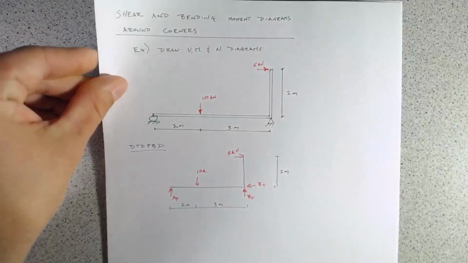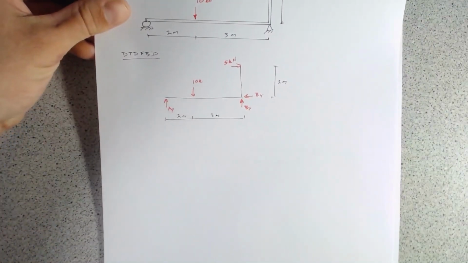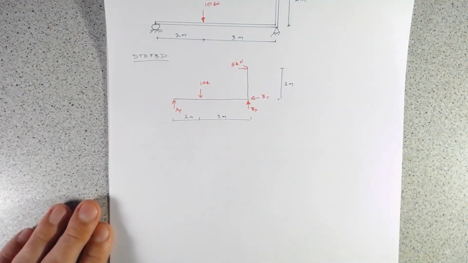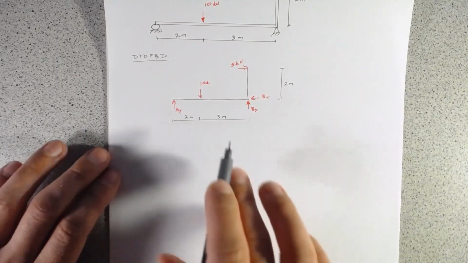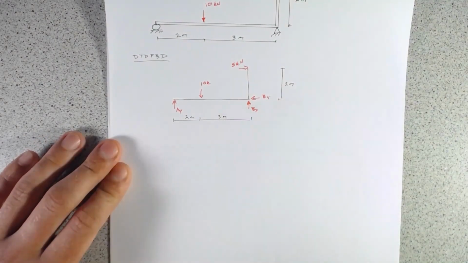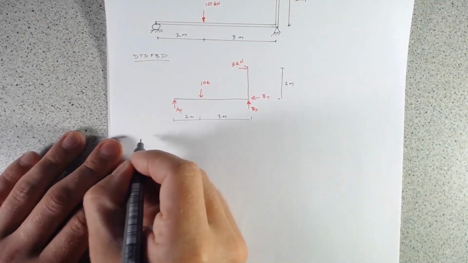So let's go ahead and solve for our reactions. We have 3 reactions, so 3 unknowns, which is useful. This is a 2D statics problem, so we have 3 equations of equilibrium available to us. The first one we're going to use is the sum of the forces in the x direction.